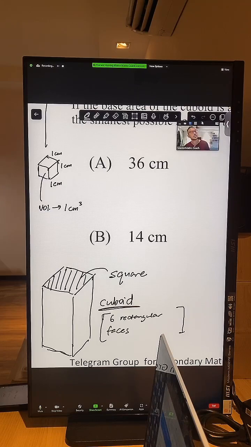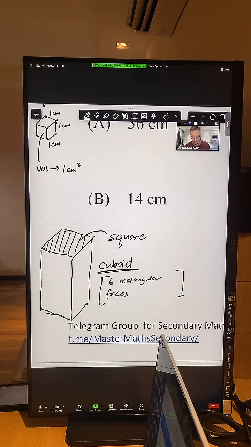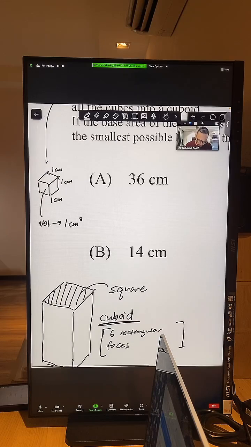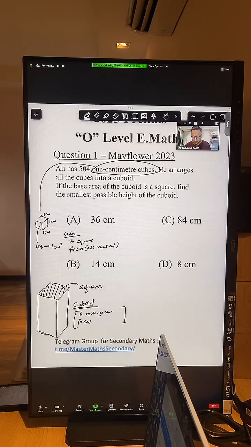Okay guys, cuboid is 6 rectangular faces. For a cube, 6 square faces, all identical.